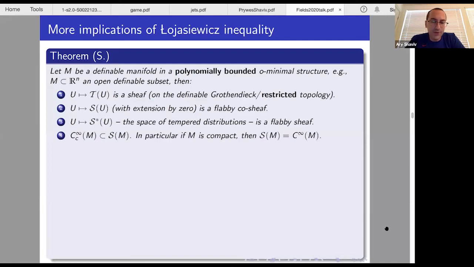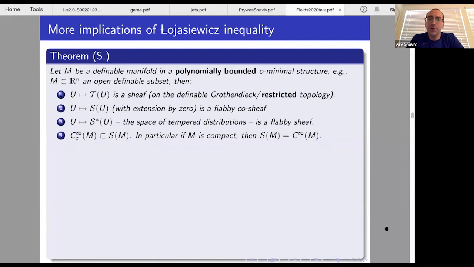The third property is kind of technical, but it's also important, because I will explain how it works: any compactly supported function is Schwartz. First, it's important because you expect it to be the case, right? Compactly supported functions are just zero as you approach the boundary, so they should be Schwartz. But moreover, if you're looking at a compact space, then any C infinity function is Schwartz.